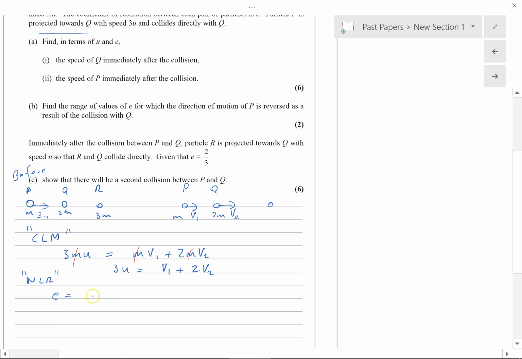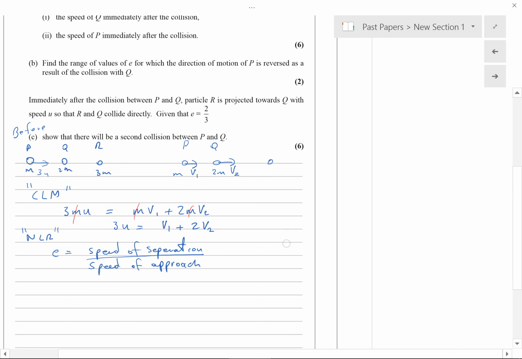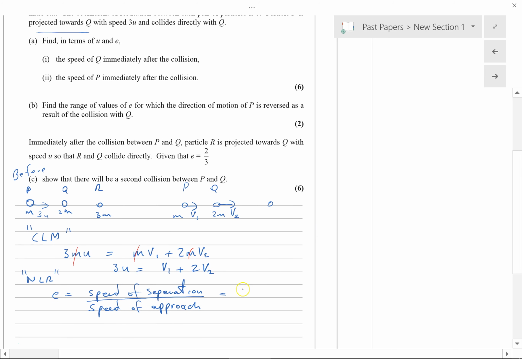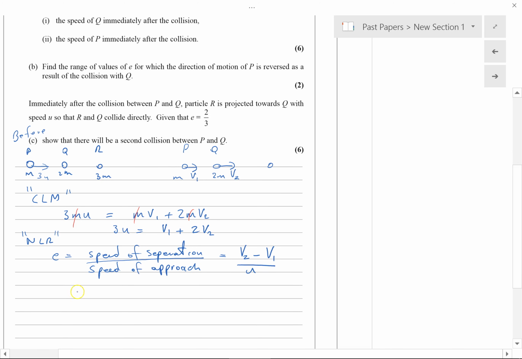Now remember, E is speed of separation over speed of approach. So in this situation, that equals the speed of separation. V2 is obviously going to be the bigger of the two, so it's V2 minus V1 over U. So let's multiply that out.